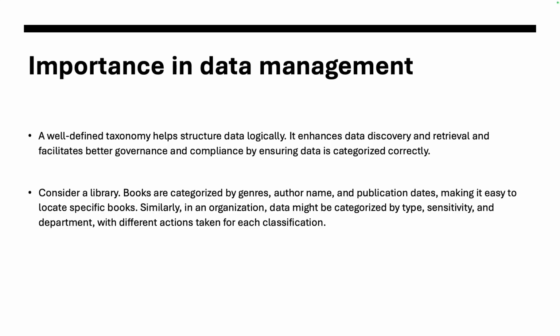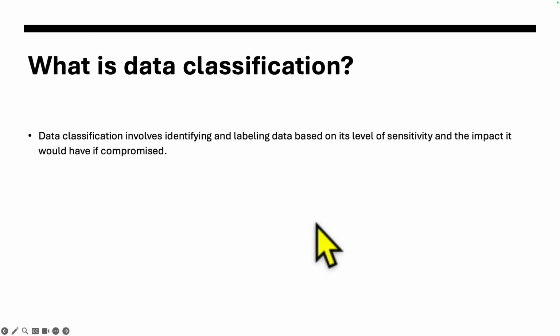Similarly, in an organization, you could categorize the data by type or sensitivity, or you could categorize by department as well. With these different sorts of categorization, it is easier for you to tag, categorize and find that information, and going forward apply the right controls or policy on top of it. So that's the details on the importance of data management.